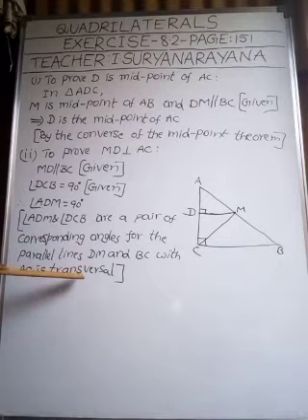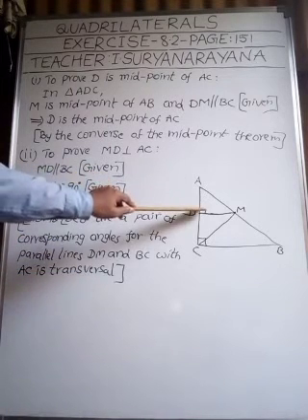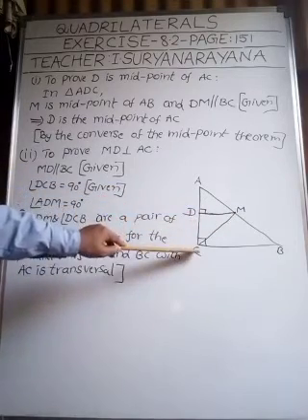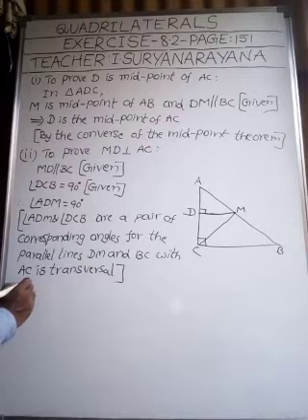By using this, we wrote angle ADM is equal to 90 degrees. Then angle MDC is also 90 degrees.